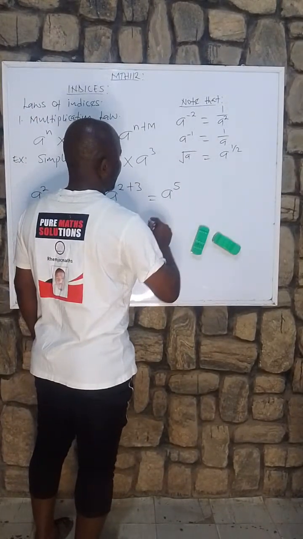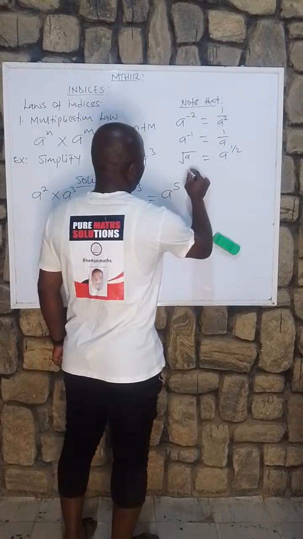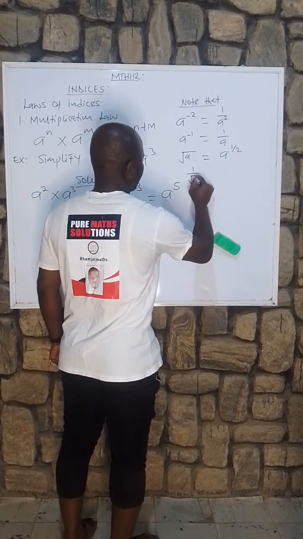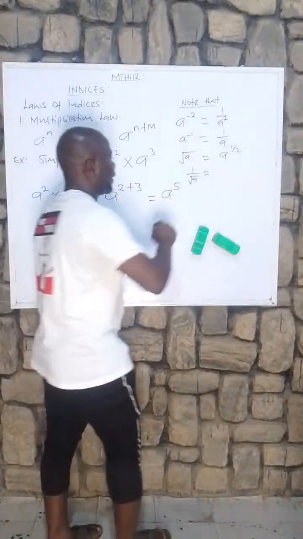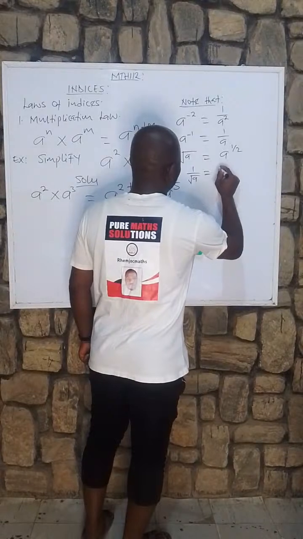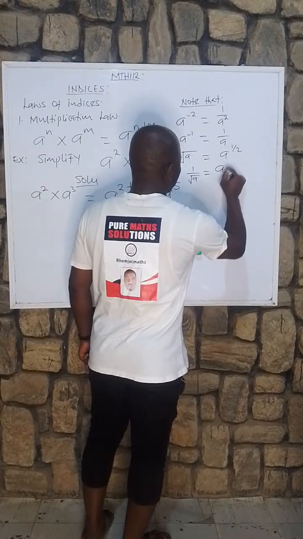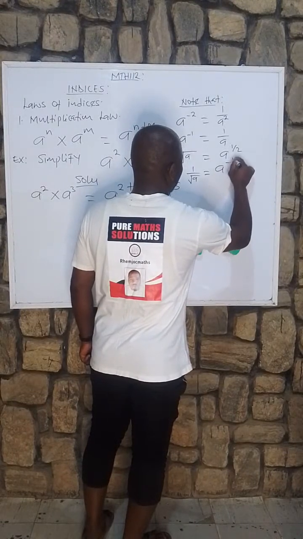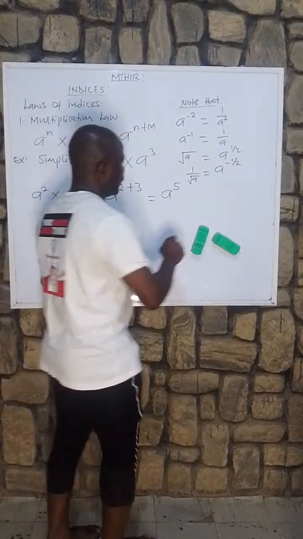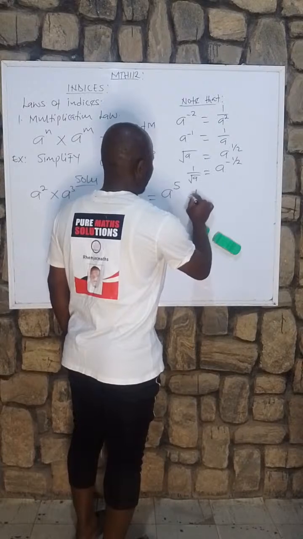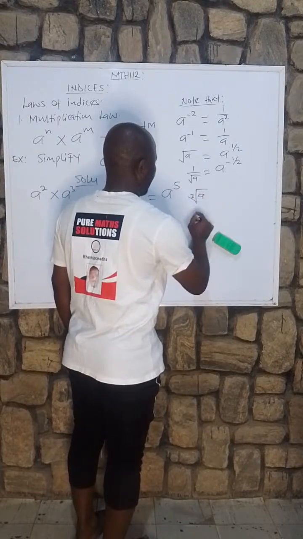Then if we have 1 all over square root of a, this is the same thing as a raised to the power of minus 1 all over 2. Please take note. What if we have cube root of a?